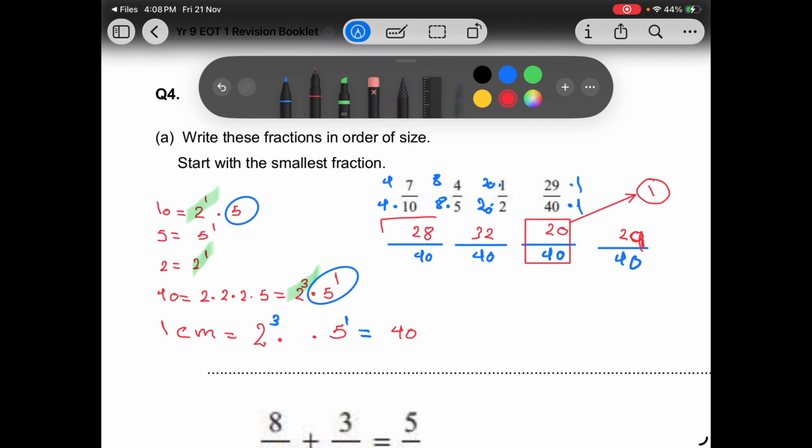So this is here number 2, and then will be this. Number 3, and last on the list I have 32. So this is number 4.